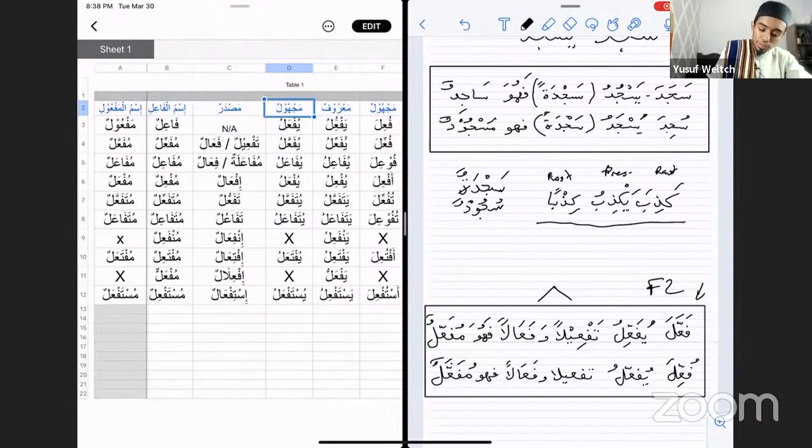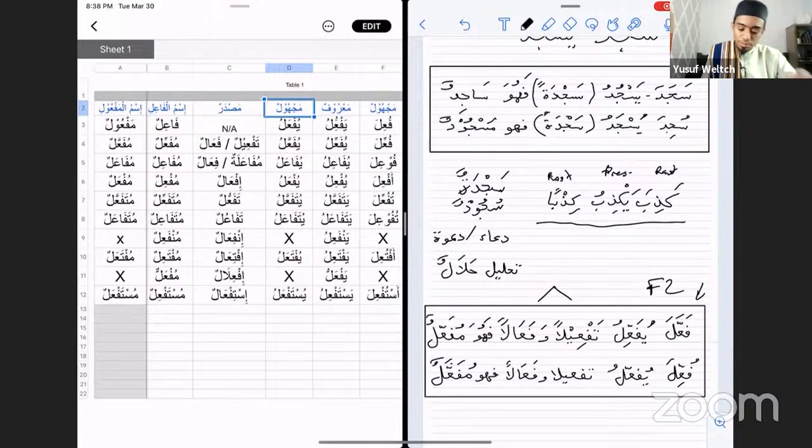Same thing, like for instance, du'a and da'wah, they're the same word. What's another example? We mentioned already, tahleel and halal are the same words. What does halal mean?